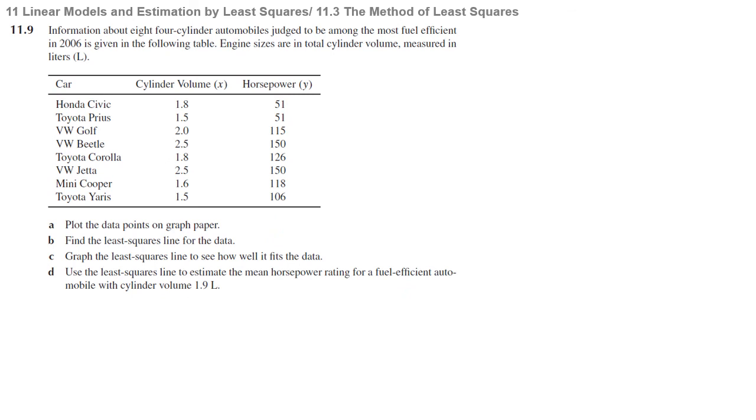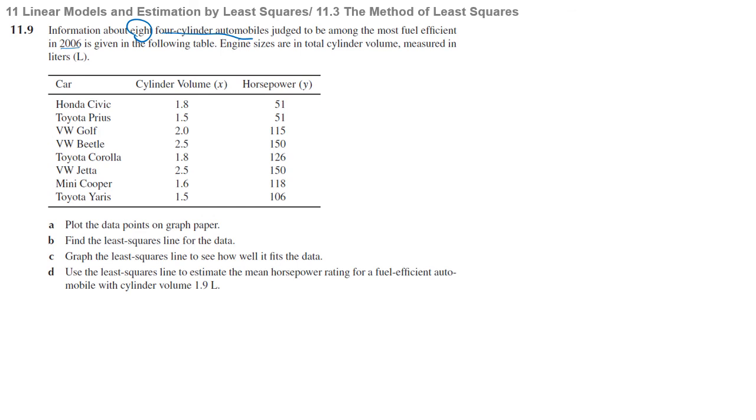Okay, let's move on to exercise problem 11.9. Information about 8 four-cylinder automobiles judged to be among the most fuel efficient in 2006 is given in the following table. So we have 8 cars, among the most fuel efficient in 2006.